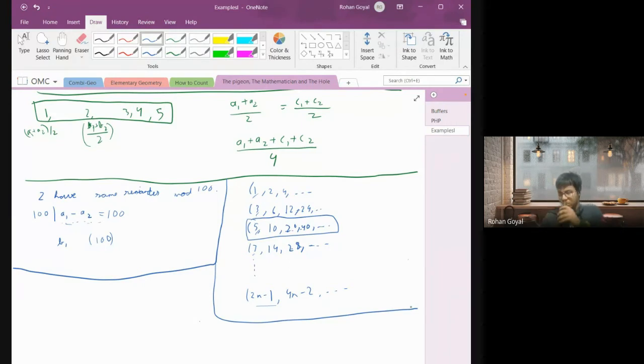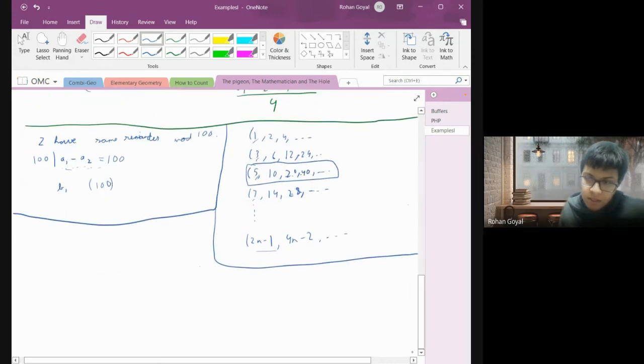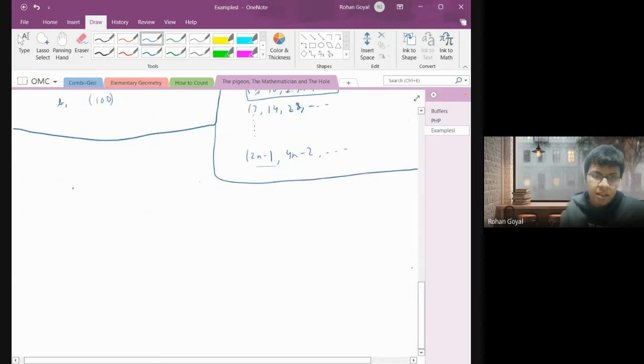Okay, sure. I want to show this idea of partial sums. So let's try that. So again, let's say you have n plus 1 numbers, any n plus 1 numbers, a1, a2, up to a(n+1).